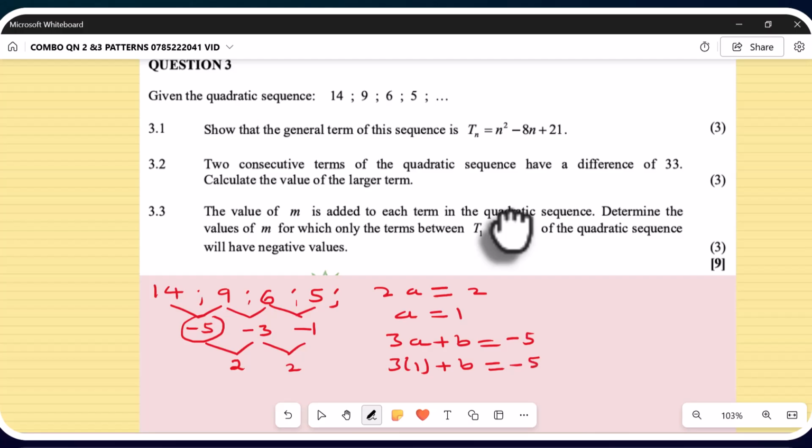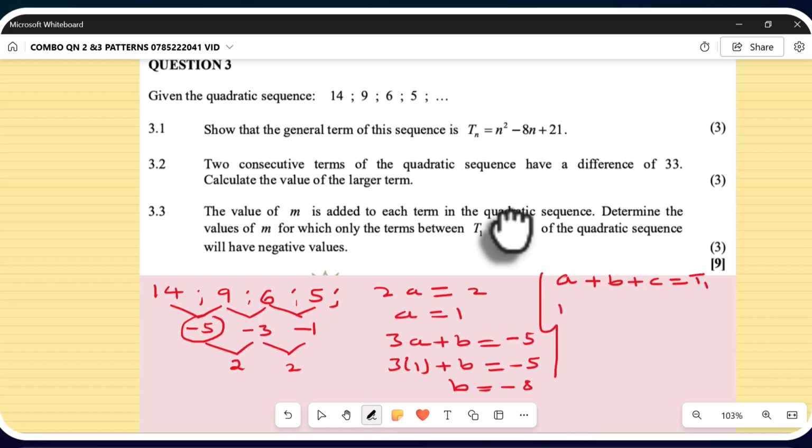Now 33 plus 7 makes 40, and 40 divided by 2 you get 20. So n minus 1 equals 20, and so our n equals 21.